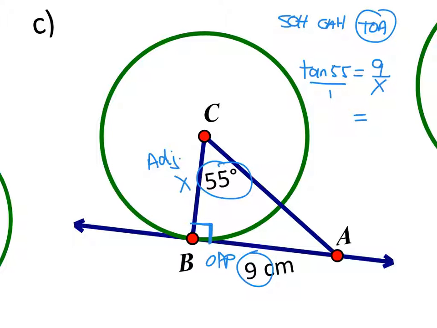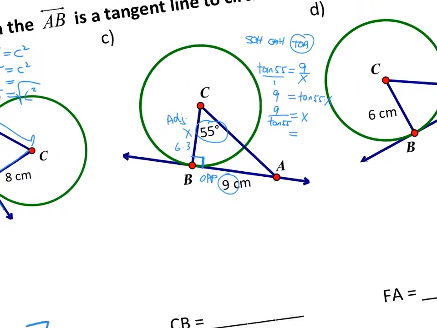When we cross multiply, we'll get 9 equals tan 55 times x. So dividing by tan 55, x equals 9 divided by tan 55. On a calculator, that equals 6.3. So the missing side is 6.3, and that's the radius of our circle.